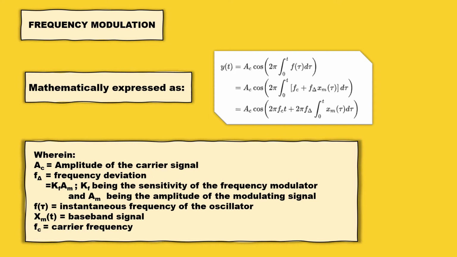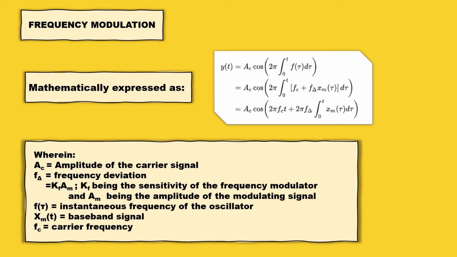x sub m of tau from 0 to t, wherein A sub c is the amplitude of the carrier signal, and f sub delta is known as the frequency deviation. It can be expressed by k sub f times A sub m, wherein k sub f is the sensitivity of the frequency modulator and A sub m is the amplitude of the modulating signal.